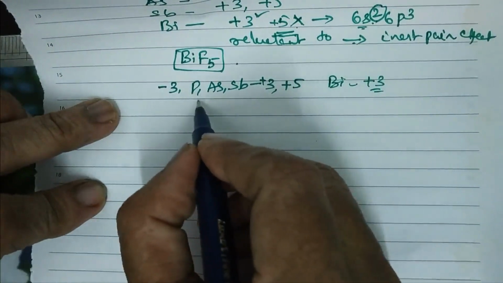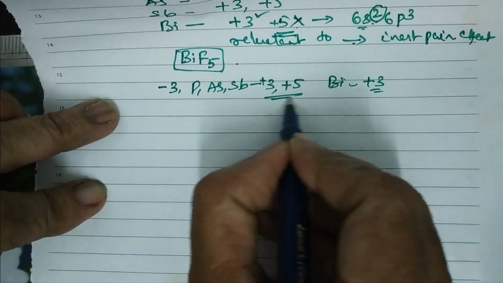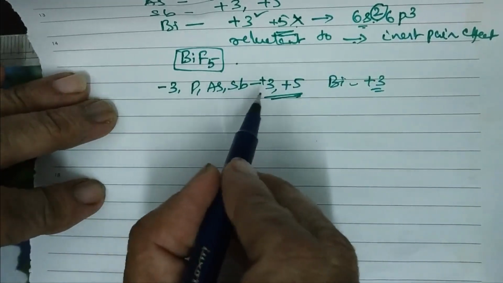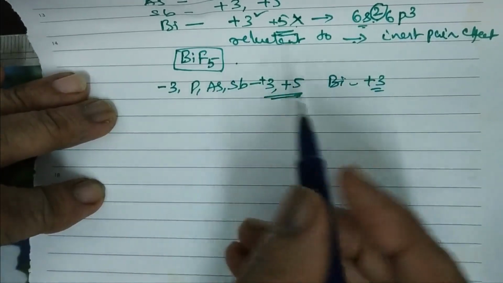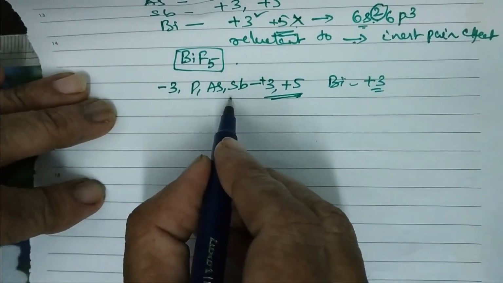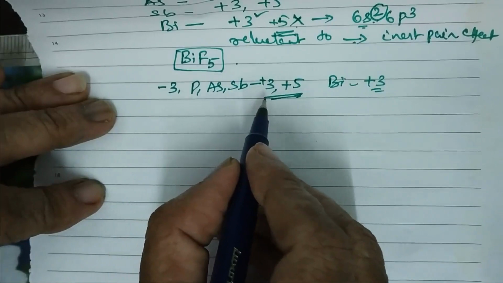How do phosphorus, arsenic and antimony show +3 and +5? We will go to the electronic configuration. They have empty d orbitals in their outermost shell.